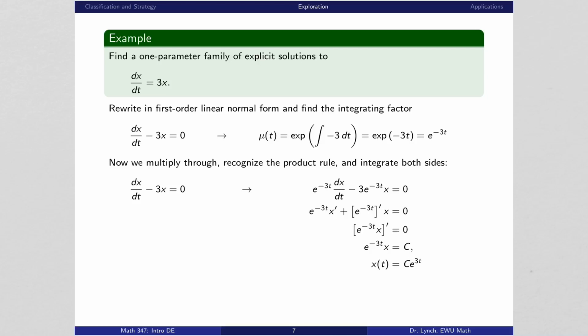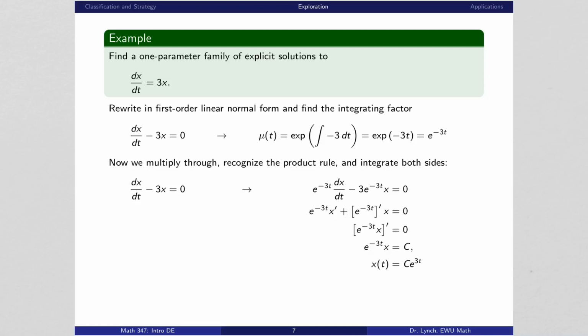So we'll go ahead and compute the integrating factor. The integrating factor is the exponential of any antiderivative of the coefficient function of x. So again, in this case, that coefficient function is -3, and the integrating factor is e to the minus 3t. So go ahead and multiply through both sides of the differential equation in that first-order linear normal form by the integrating factor and integrate up both sides.